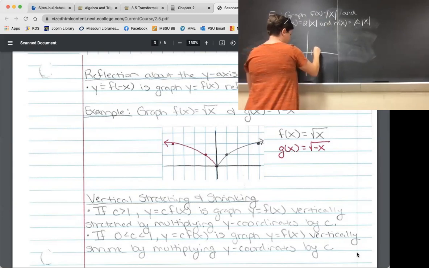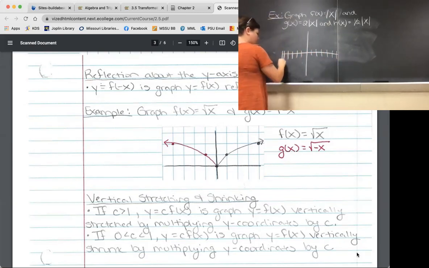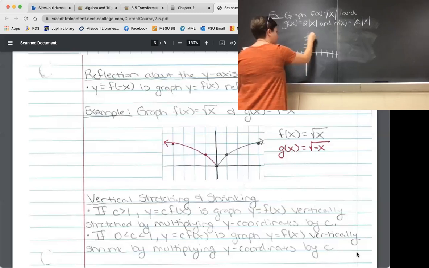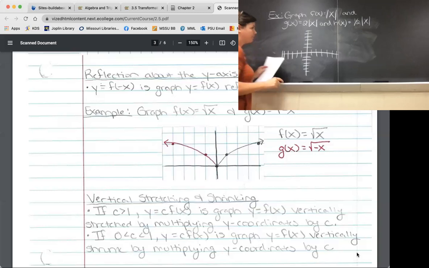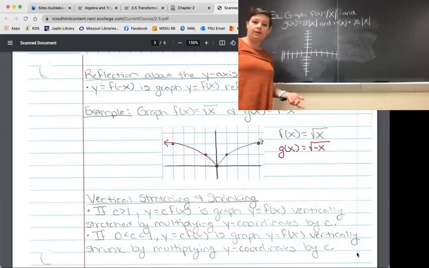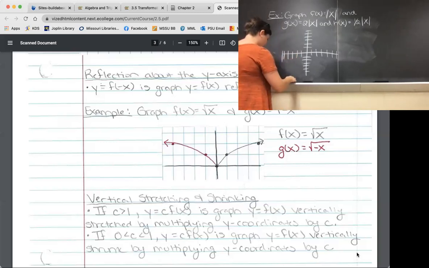So we have 1, 2, 3, 4, 5, 6, 1, 2, 3, 4, 5, 6. Okay. So for this example, we are graphing f of x equals the absolute value of x. Again, absolute values always look like a v. We've already done this, so I'm just going to graph that one in general.